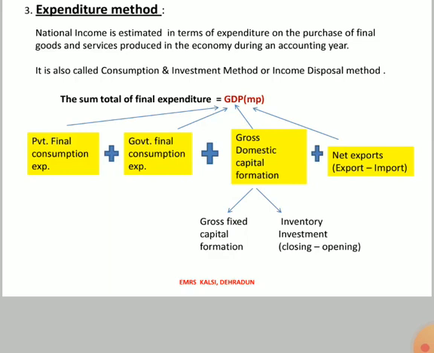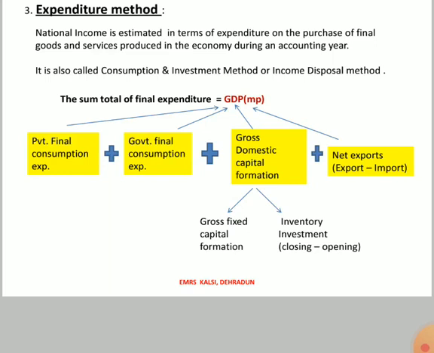Whatever final goods or services are produced in a country, the expenditure made on those goods is counted. Suppose there are 100 final goods and services, the expenditure made on those 100 goods will be counted for calculating national income.